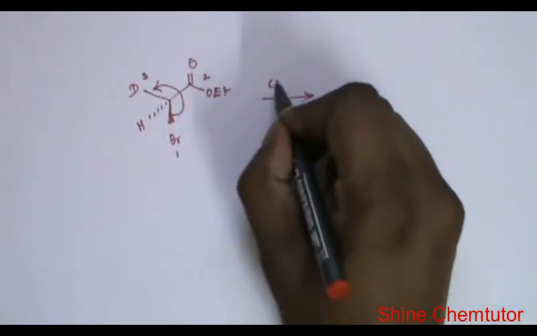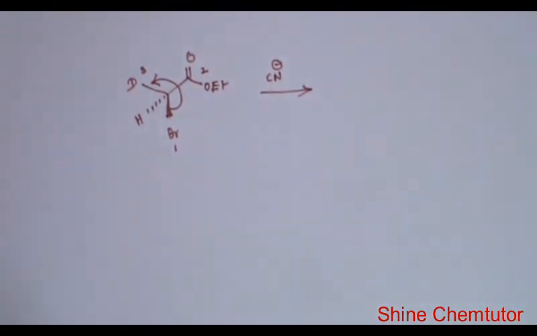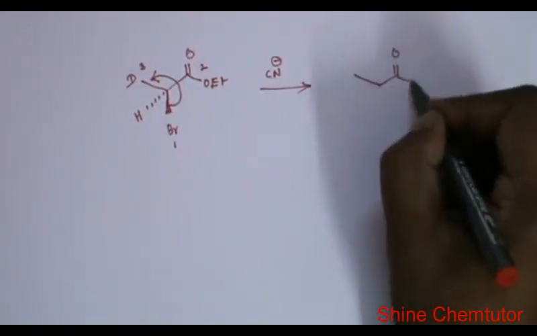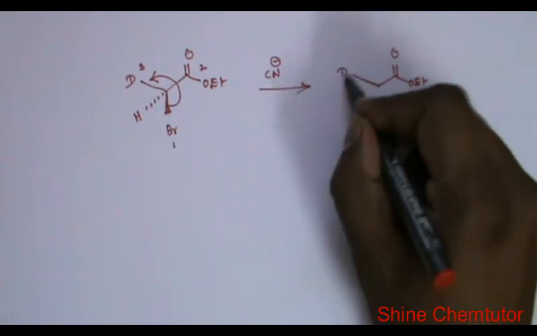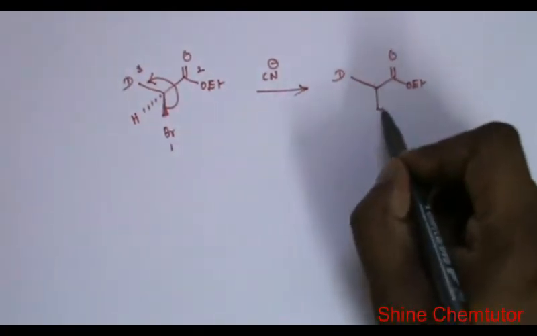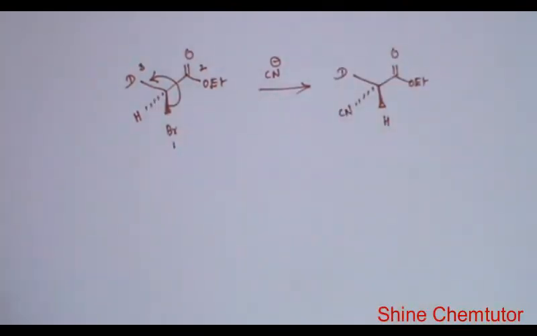Now I add CN minus. CN minus will attack from the back side. As a result, what I get is, I have not changed this. Hydrogen, which is back side, that will come front. And CN will be here.